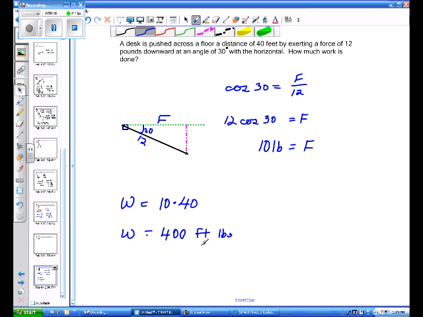That's why work is always measured in two things. It's how far you pushed it and how much force was applied. So we actually dealt here at 400 foot-pounds. So these are just some different applications of our vectors acting in several different ways.